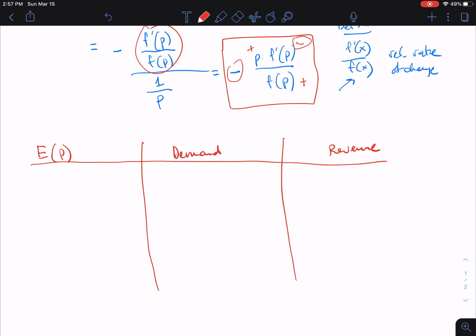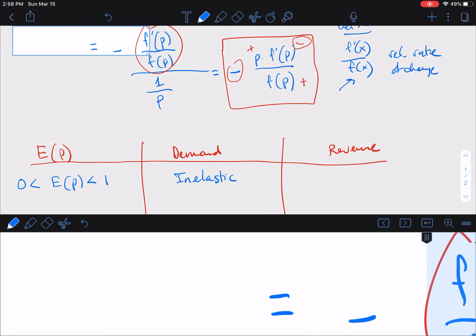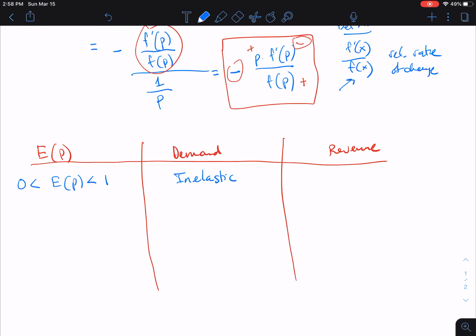If we calculate the E of P or the elasticity of demand at a certain price for a product, and that elasticity of demand is between 0 and 1, then we call this type of demand inelastic.